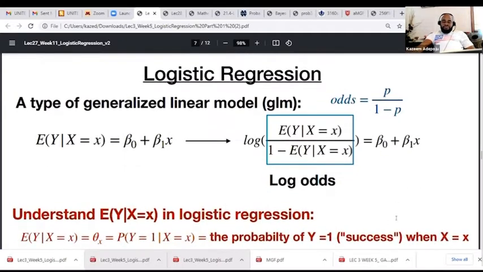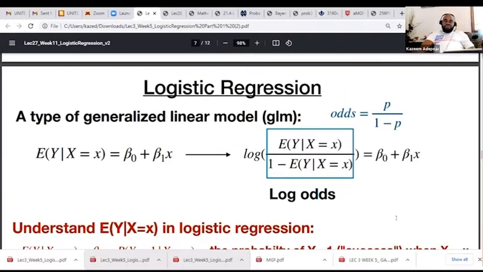Now, if there's a violation of constant variance, and if the range of the response variable is going to go over 0 and 1, which doesn't make sense, then what kind of regression are we going to use for a situation whereby the response variable is categorical?